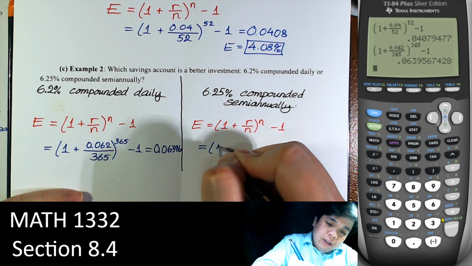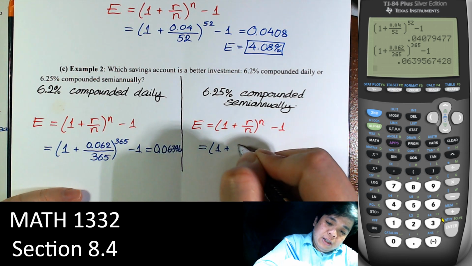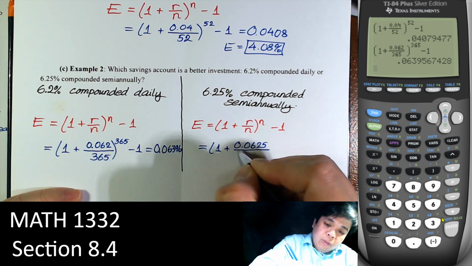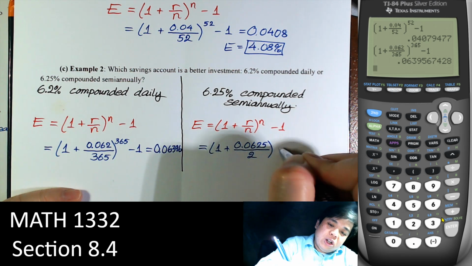So 1 plus the rate, 0.0625, over 2, since semi-annually is 2 times a year.